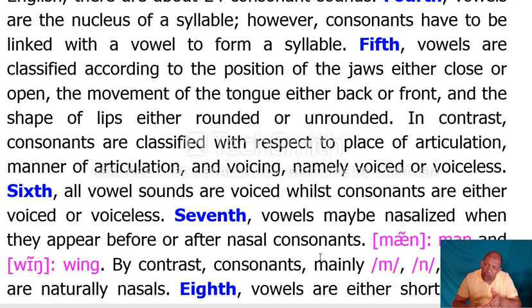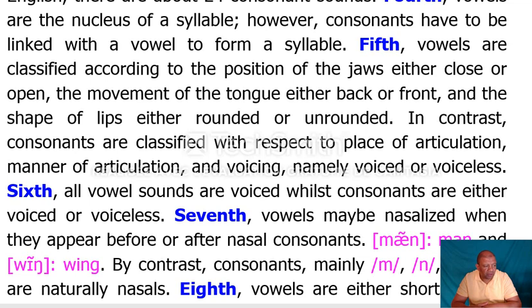Don't forget that voicing quality is binary, either minus voice or plus voice. You may find other names, for example, voiceless, voiced. So these are the parameters by which we classify and identify both vowels and consonants.